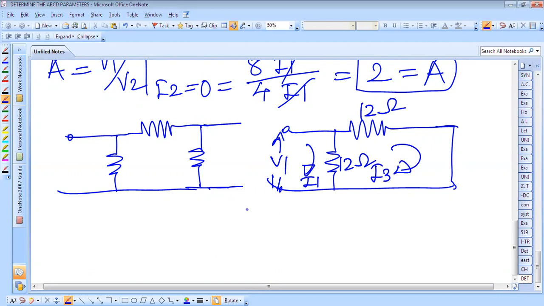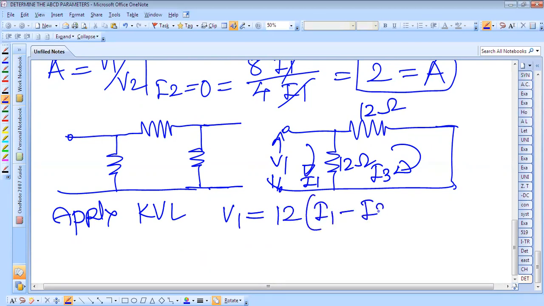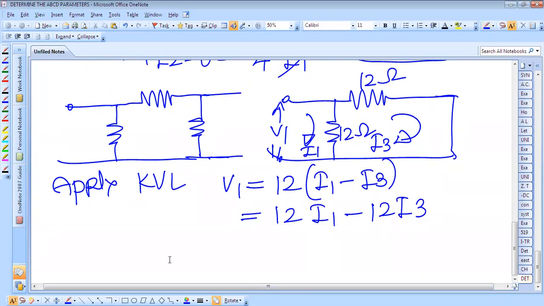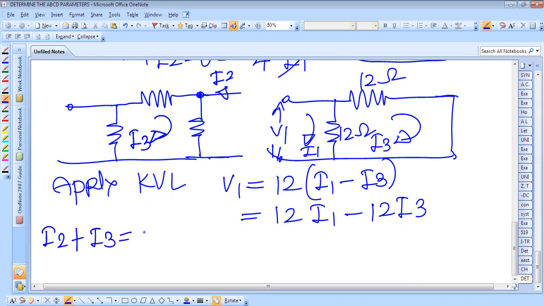So now we have to apply KVL again. So V1 is equal to 12 into I1 minus I3. This is 12 I1 minus 12 I3. And instead of this, we have to omit this I3. So here it is I3 and this is I2 here. So at this juncture, what will be the value? The summation of these two currents is equal to 0 at this juncture. So this current is coming, this current is coming.